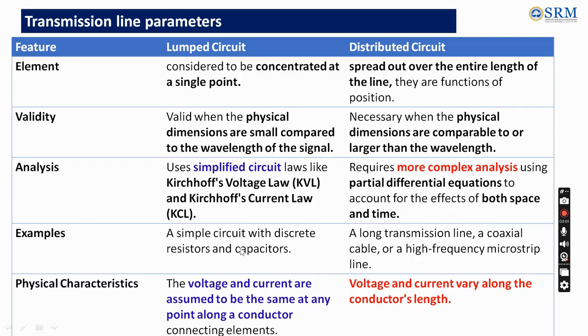The examples we already know: a simple circuit with discrete resistors and capacitors for lumped; for distributed, we have seen a coaxial transmission line, a microstrip line, or a two-wire line.